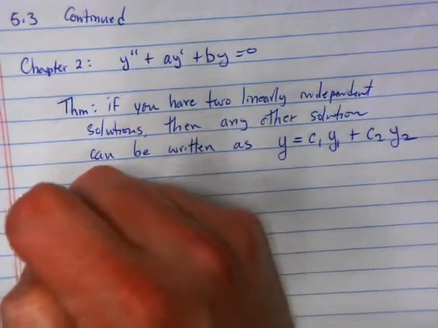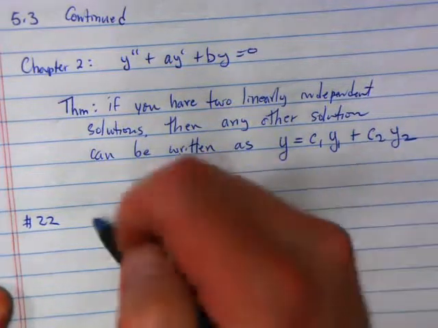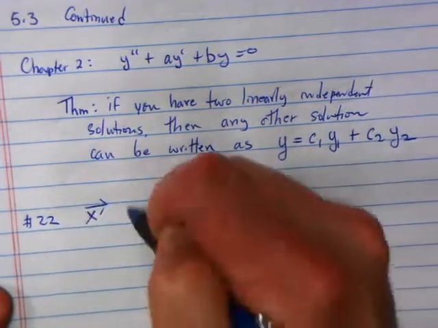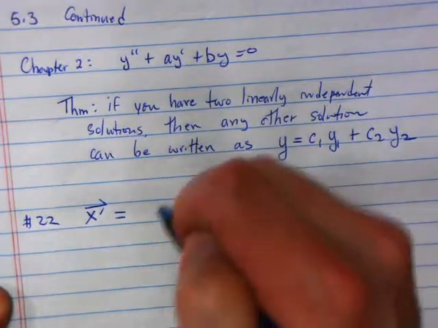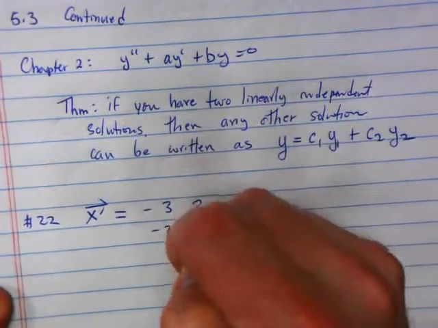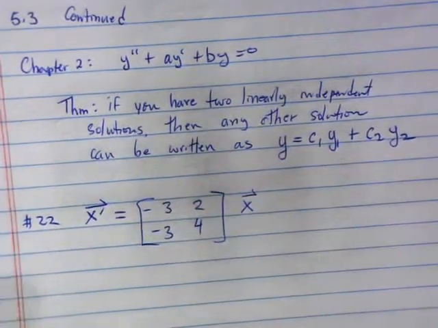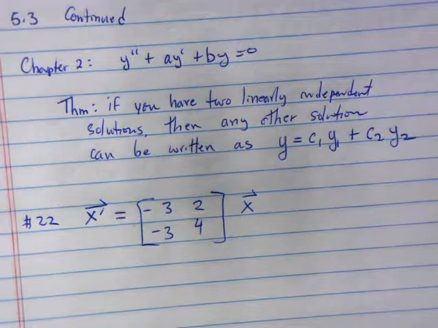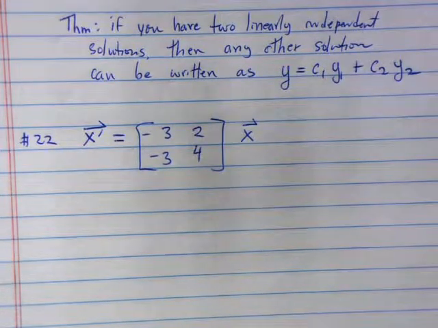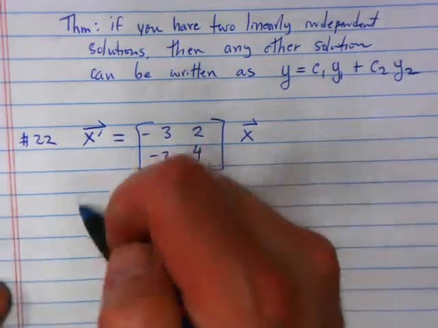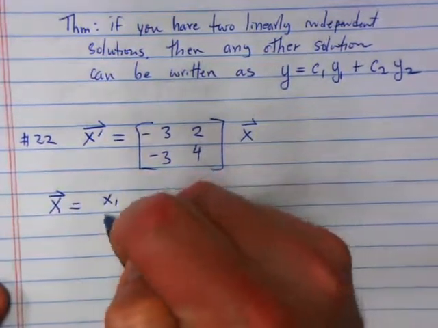So this is number 22 out of your book. Your equation is x prime is the matrix -3, 2, -3, 4 times x. What's x? Yeah, so what we really have here is the vector x has your two variables x1 and x2.